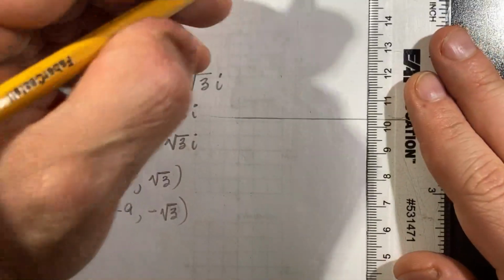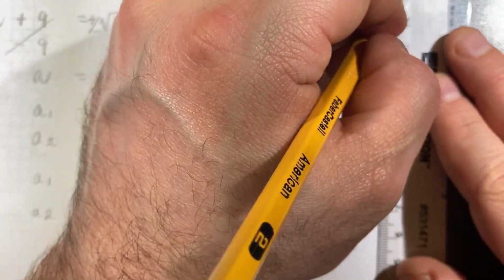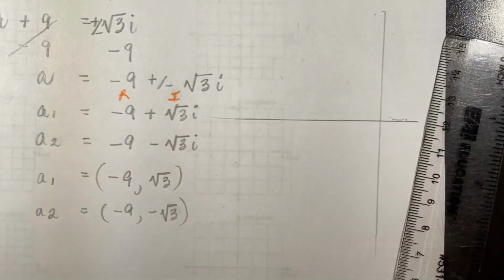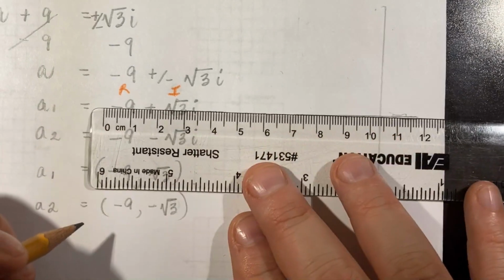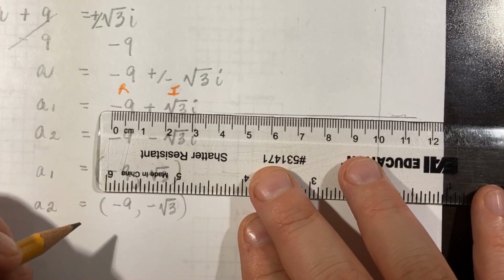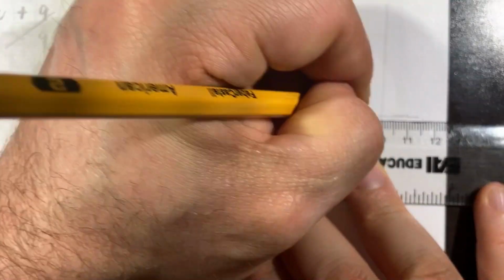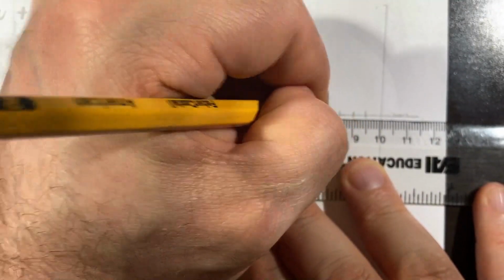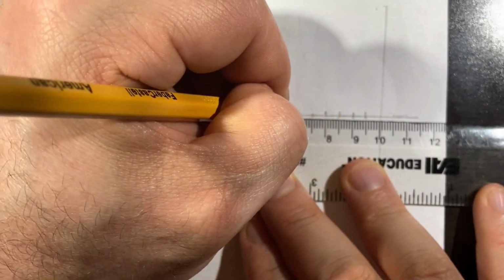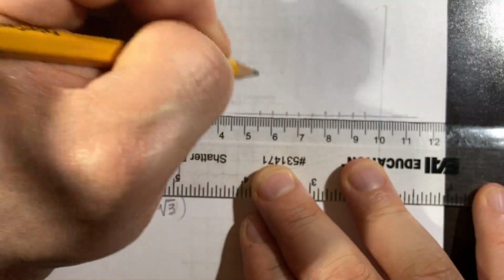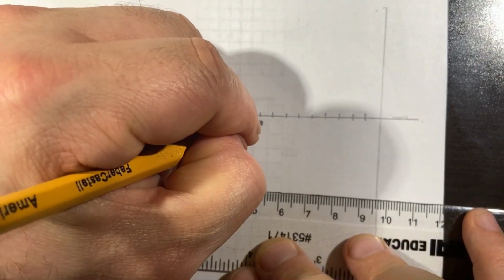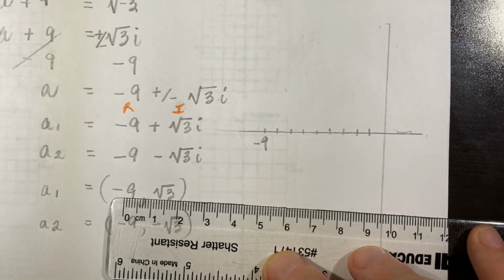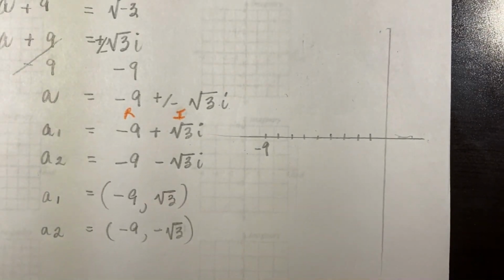Since the real component is negative 9, let's make it look good. So this is negative 1, negative 2, negative 3, negative 4, 5, 6, 7, 8, 9. That's negative 9 right there. And then square root 3.